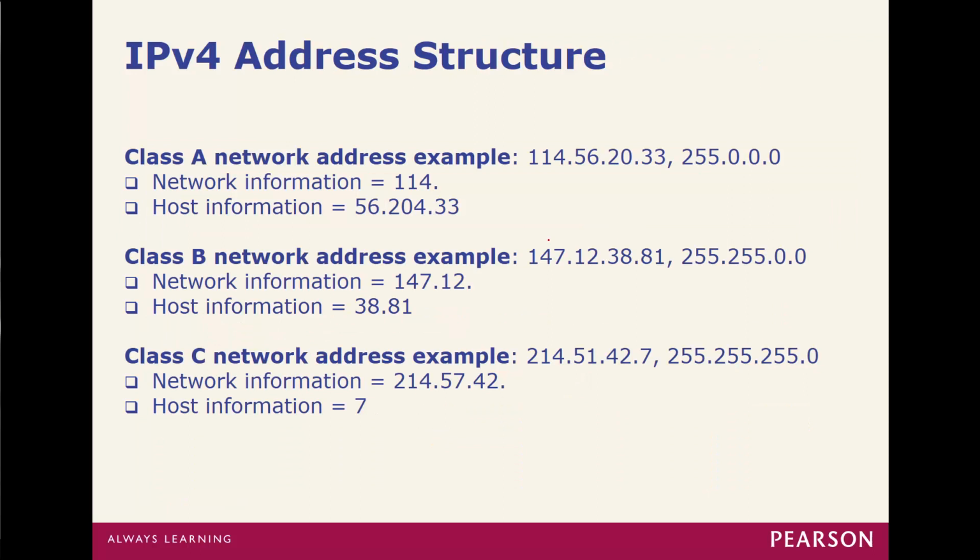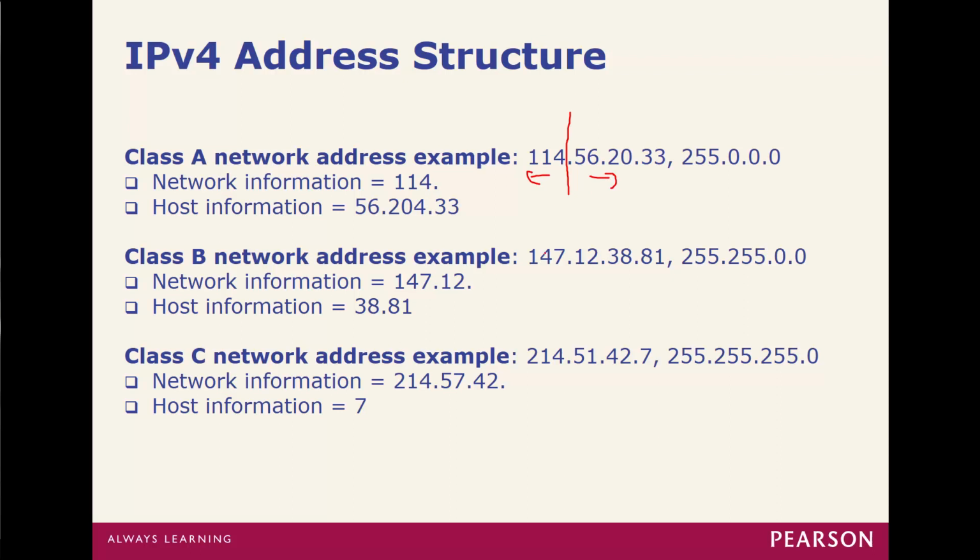So let's talk about our Class A. If we're looking at the IP address 114.56.20.33, what is the network portion and what is the portion that can change? That's called our host portion. 255 means we lock in the first number. Those can change. Those cannot.